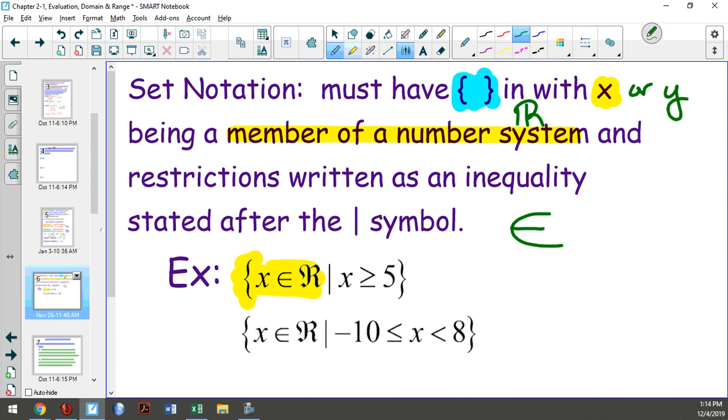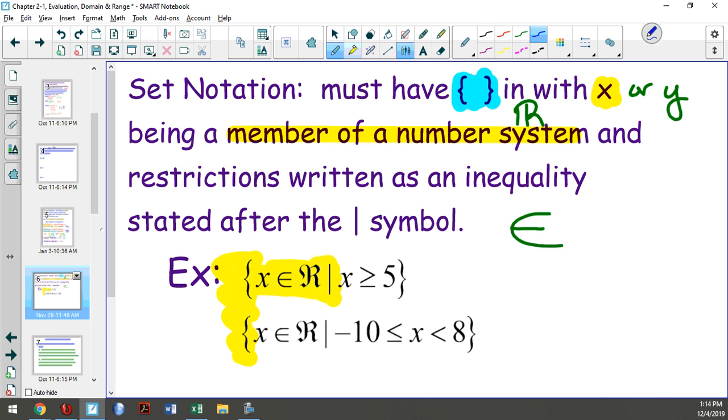The bar right here is going to be the "such that" and then you're going to give me an inequality for the restrictions. So x can be any number as long as x is greater than or equal to 5. X can be any real number as long as negative 10 is less than or equal to x, which is less than 8.